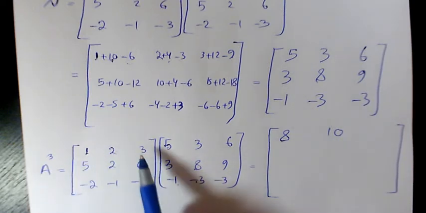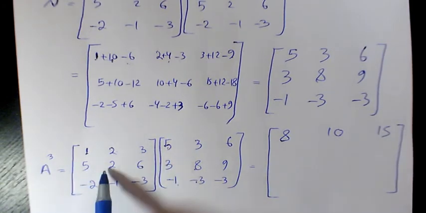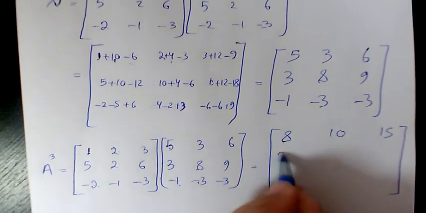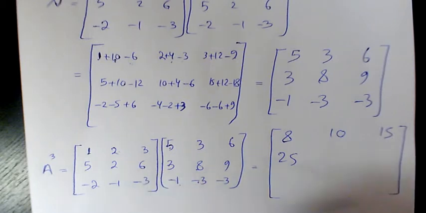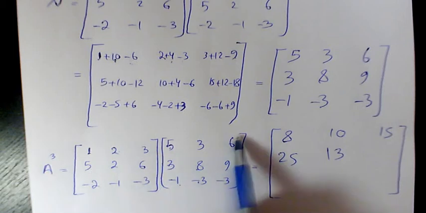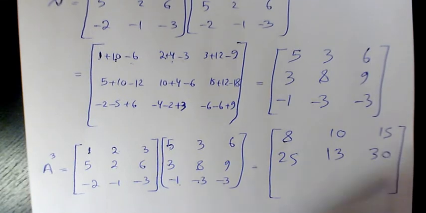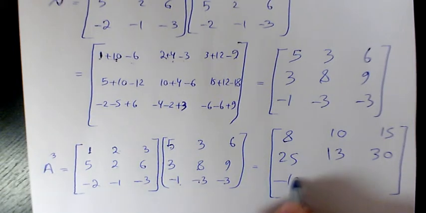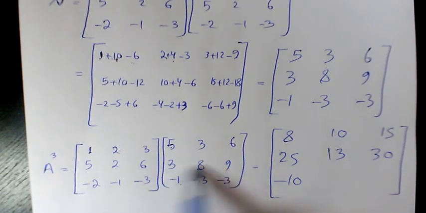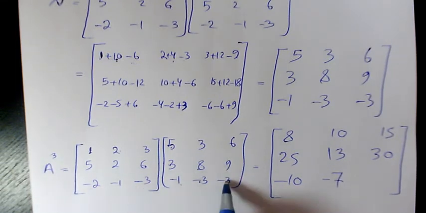Then 6, 18 and negative 9, 15, and so on: 25, 6 and negative 6; 15, 16 and negative 18; 30 plus 18 minus 18; negative 10, negative 3 and positive 3; negative 6, negative 8 and positive 9; negative 12, negative 9, positive 9.